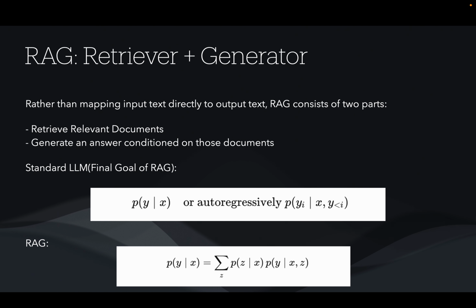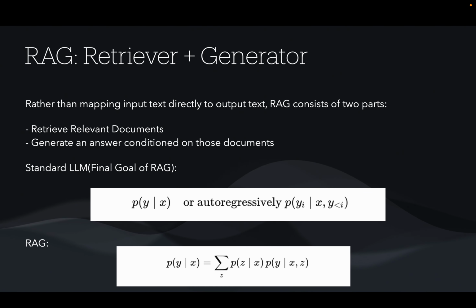And the key idea is the whole process can still be written as a clean probability model, just like a standard language model. The standard language model is defined as probability of y given x, or autoregressively probability of y_i given x, comma, tokens before y_i, meaning each token is generated based on the input and previous tokens.